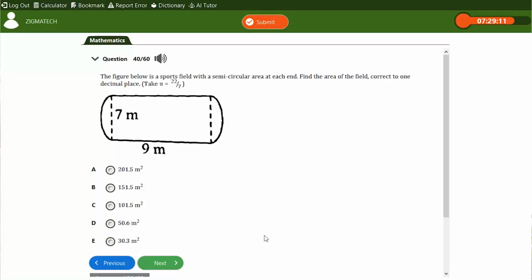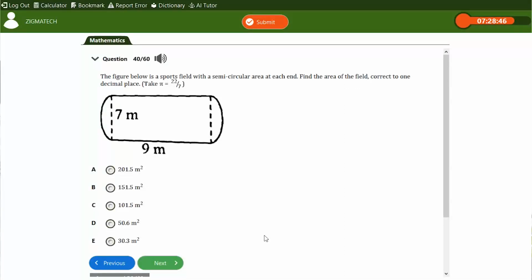Okay, so look at what we have there now. To find the area of this entire field is the area of the rectangle plus the area of the semicircle. Do you understand the point now? Now, we have two semicircles, right? The first semicircle is this way, the other one is this way. It has a semicircle at each end.